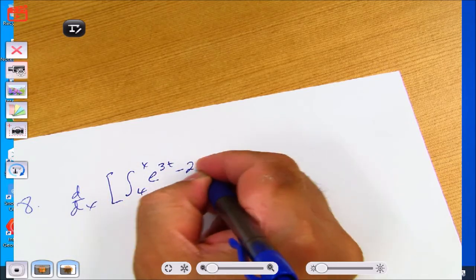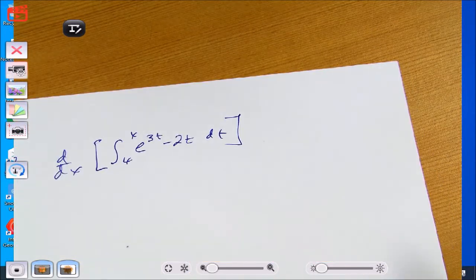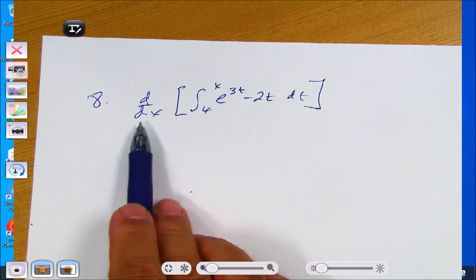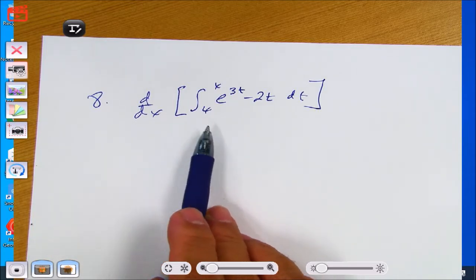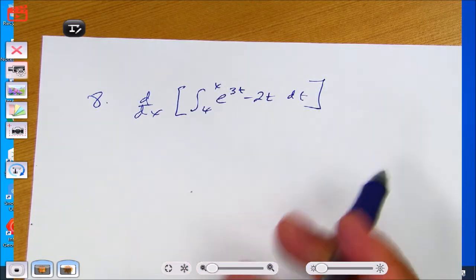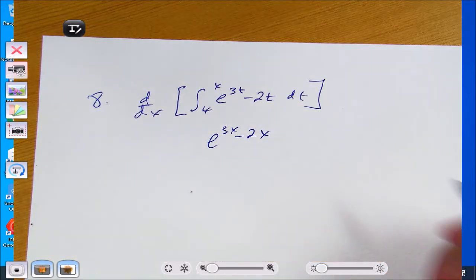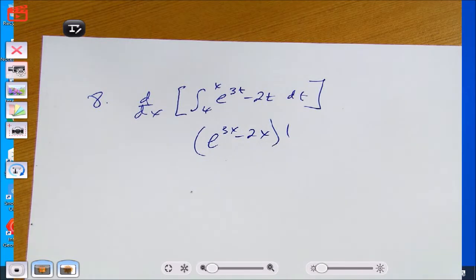You have to realize that taking the derivative of an integral, they basically cancel each other out. So all I'm going to do is rewrite the inside with that variable x times the derivative of x, which is 1. So that's the answer.